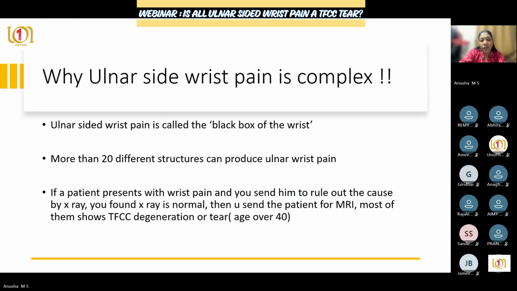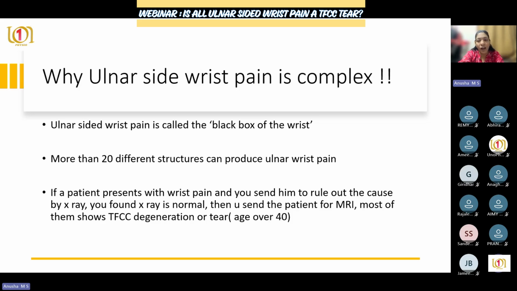So why is ulnar-sided wrist pain complex? According to surgeons, ulnar-sided wrist pain is considered the black box of the wrist. Black box means it is a very complex area. It is the most difficult area of the wrist to diagnose, even for surgeons.